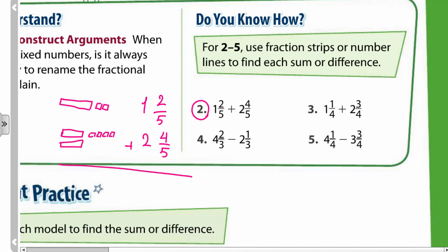You said that you will start with the fractional parts or the whole parts? With the whole part. No. We always start with the fractional parts, because sometimes we need to do something that we call renaming.